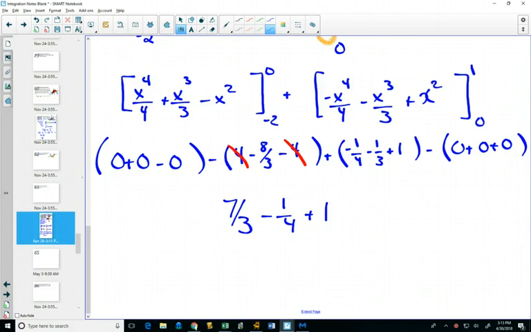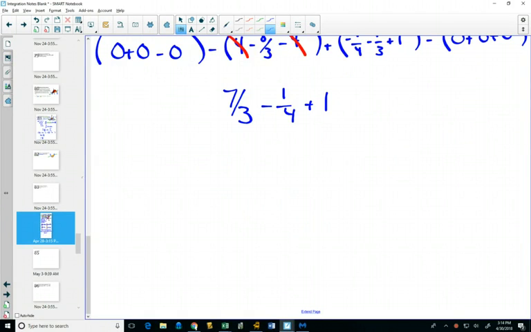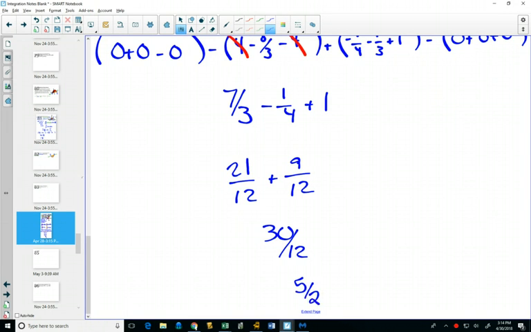So this is 21 over 12, and this is 3/4, which is 9 over 12. 30 over 12, which you can simplify by dividing both by 6 to get 2.5. Is that right?